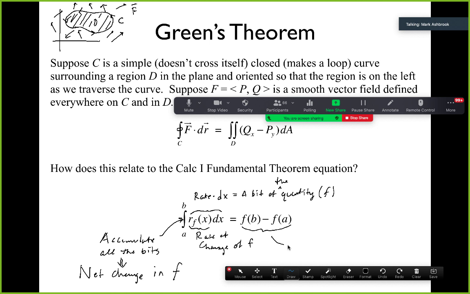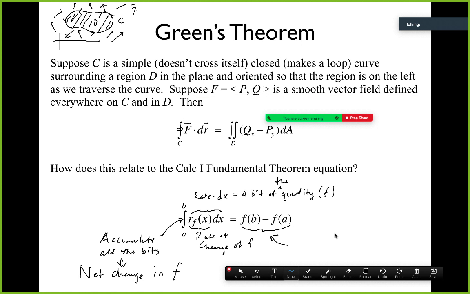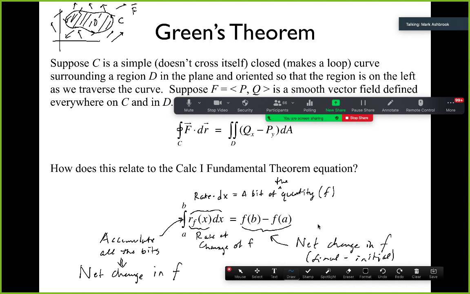And notice what's on the other side. What is that? That's the net change in f, but it's just calculated a different way. So now this is final minus initial. So both sides of the fundamental theorem are calculating the net change in some function f.